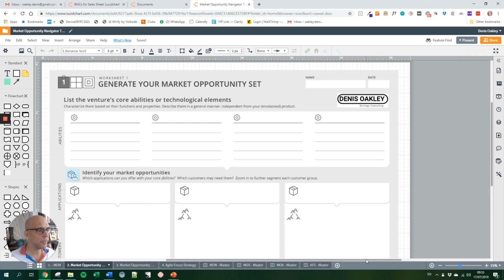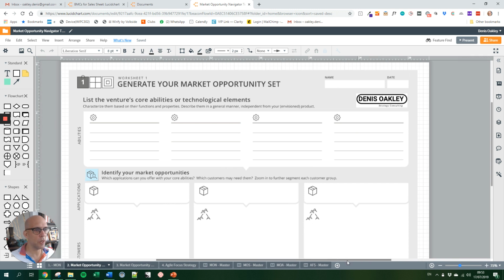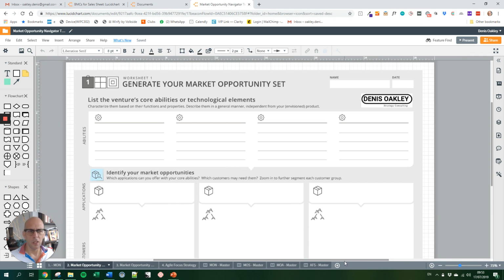So we're looking at doing something in the automotive sector, which is currently undergoing lots of changes. There are four big trends in that area: electric vehicles, autonomous vehicles, digitalization, and mobility.